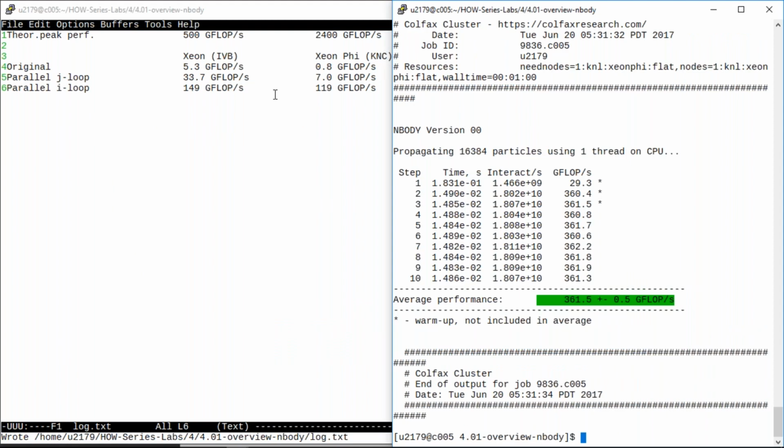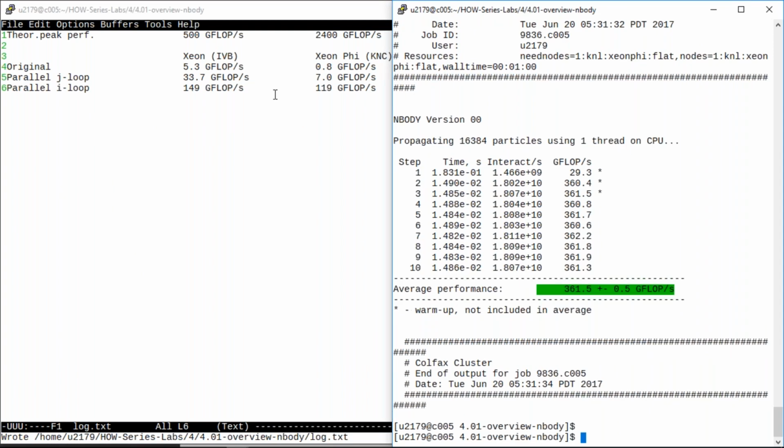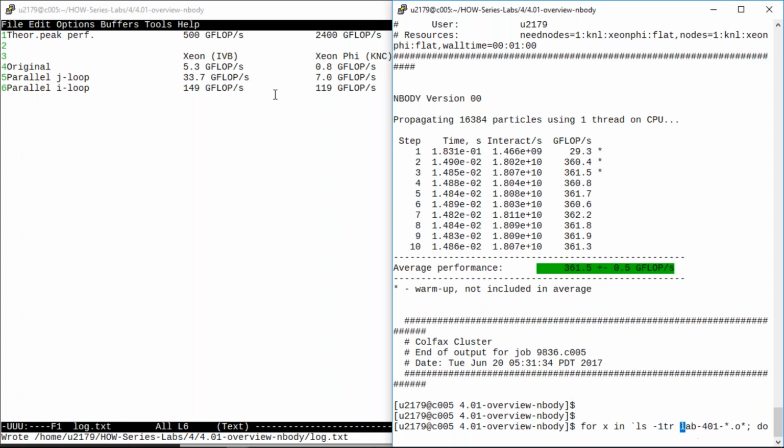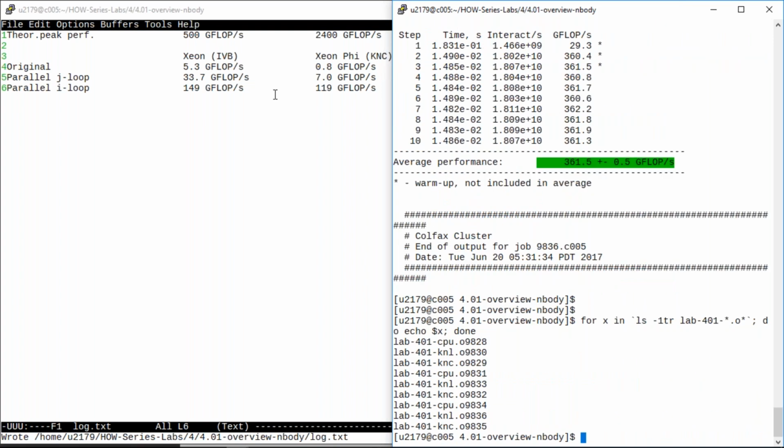To simplify this in the future, let me figure out a command to just get this performance. Does it look right?